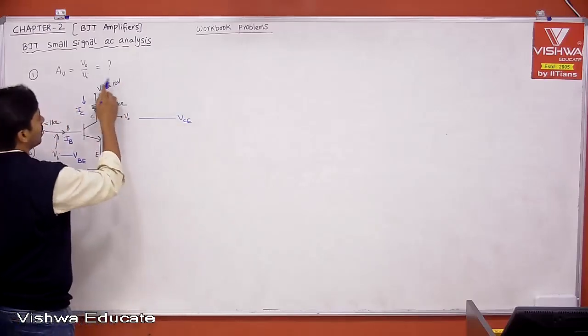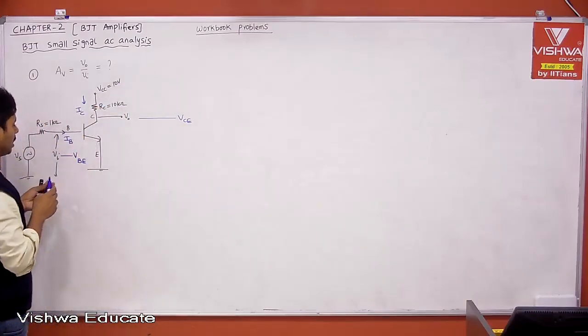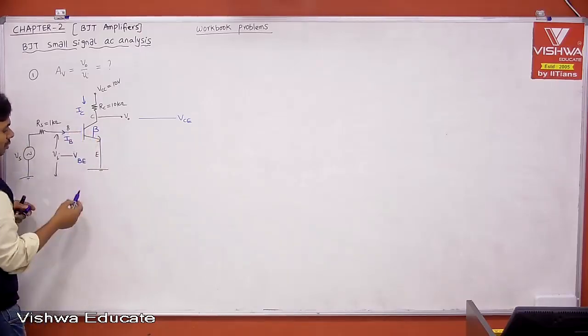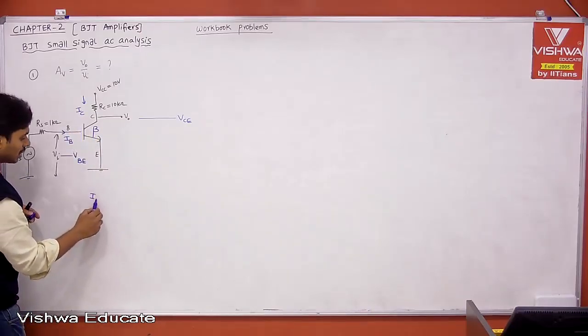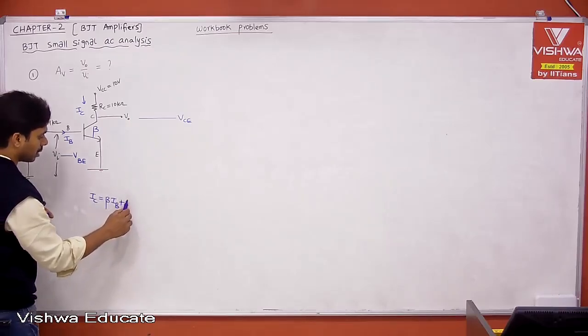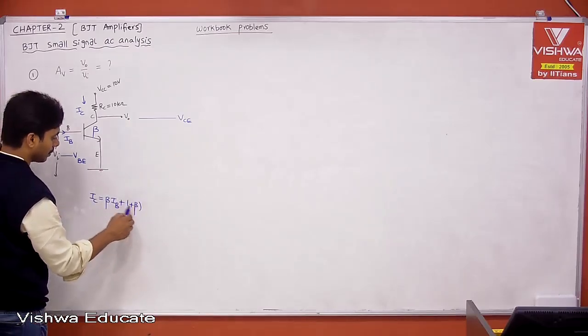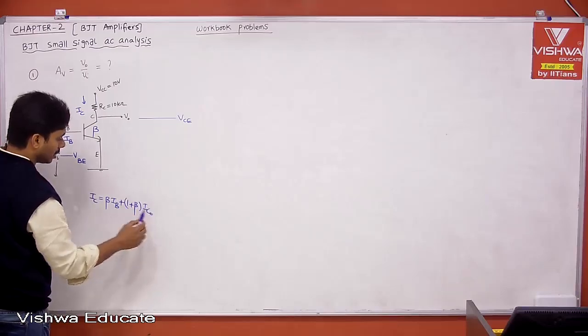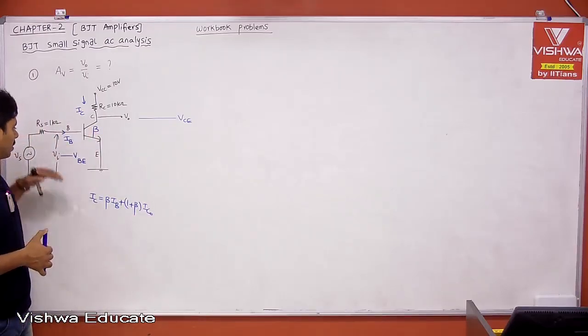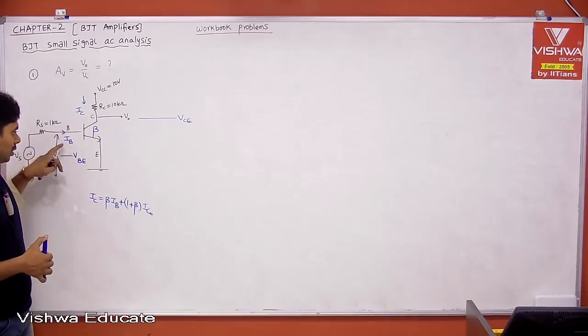Maybe for your understanding, say VCC is equal to 10 volts, and the transistor has some beta. Then using the DC equation, we know that IC is equal to beta times IB plus (1 plus beta) times ICO. Beta is known to you, and from the input DC voltage VBE, we know IB.